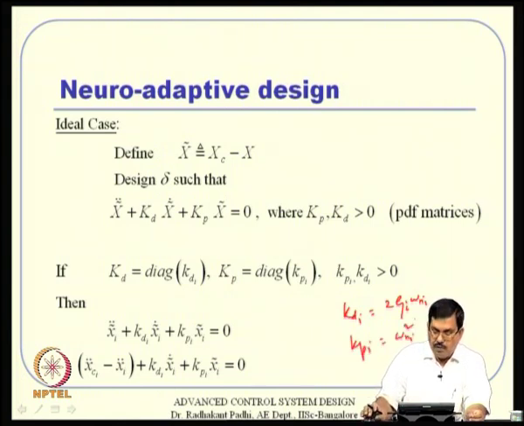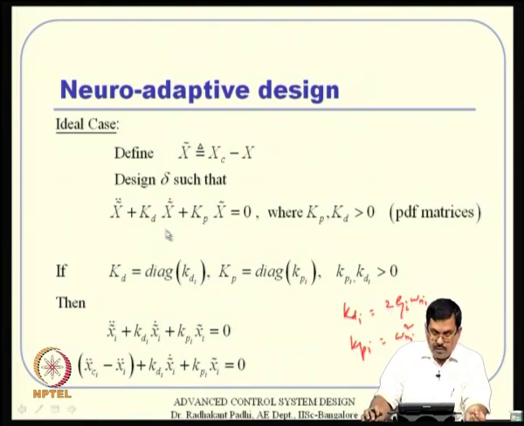So, it follows the standard form that we know, x tilde i double dot plus 2 zeta i omega n i x tilde i dot plus omega n i square x tilde i, and all that. We have discussed all that in the dynamic inversion class, and zeta i and omega n i are selected for performance objectives like settling time, percentage overshoot, and so on.